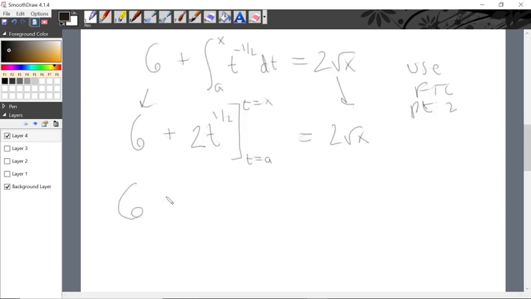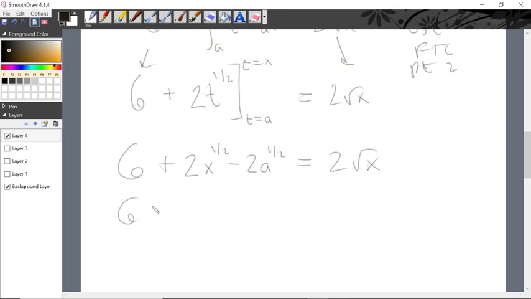Now evaluating F of b minus F of a. So I have 2 times, we could factor the 2 out, or we could leave it in there. Let's leave it in there for the moment. 2 times x to the 1/2, which is 2 times the square root of x, by the way, minus 2 times a to the 1/2, and that equals 2 root x.